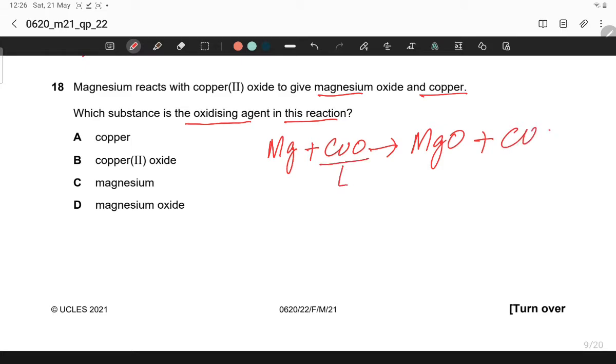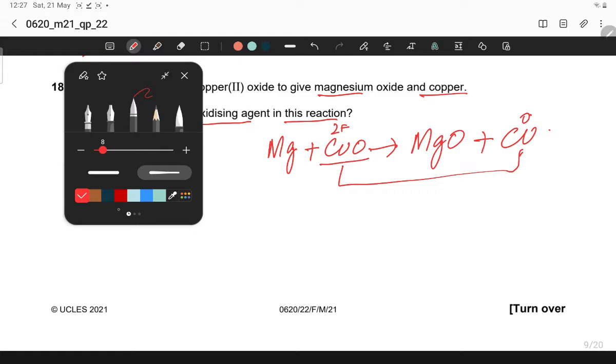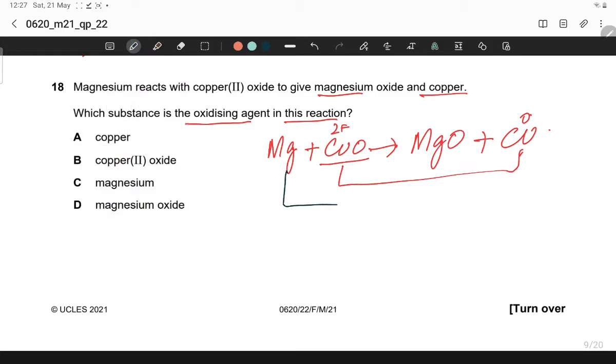Copper oxide is reduced, so over here it is 2 positive, over here 0, and magnesium is oxidized because magnesium goes from 0 to 2 positive charge. This is magnesium losing electrons. Magnesium gains oxygen as well as increases oxidation state, while copper oxide loses oxygen, so it is reduced.